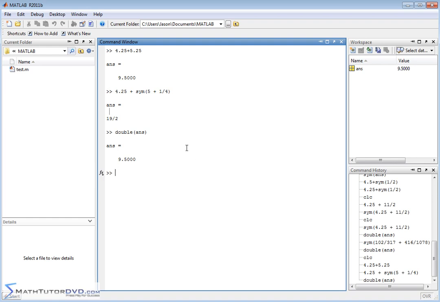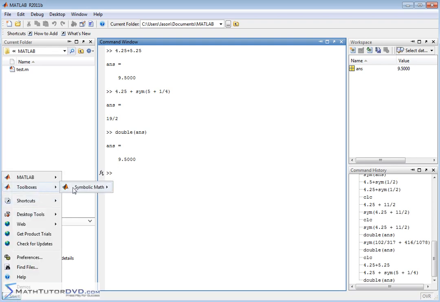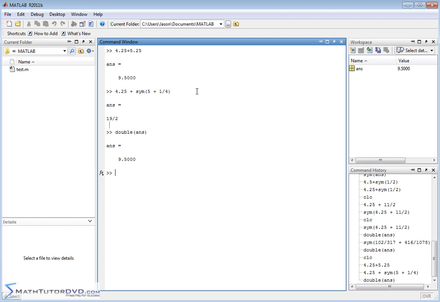If you're a student and you're using a student license either at your school or if you purchased it yourself, you've already got the Symbolic Math Toolbox installed. There's a chance if you're a professional in your company that they may not have purchased the Symbolic Math Toolbox. If that's the case, if you don't have it, if you don't see it up here, then you can basically skip any section in the course where I'm talking about symbolic math.